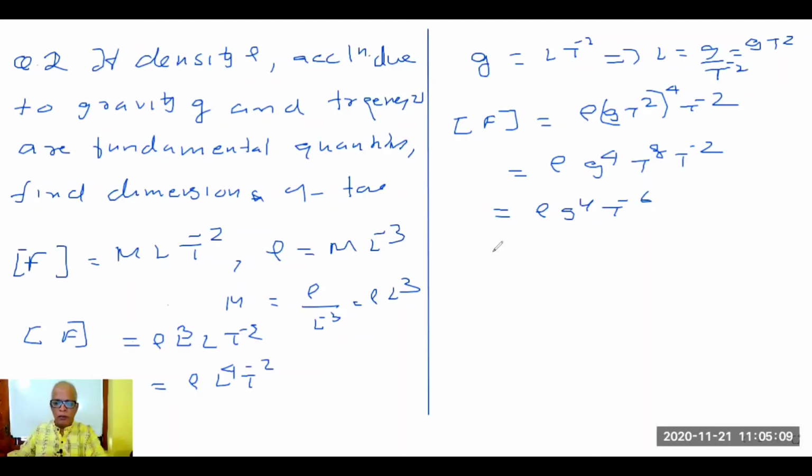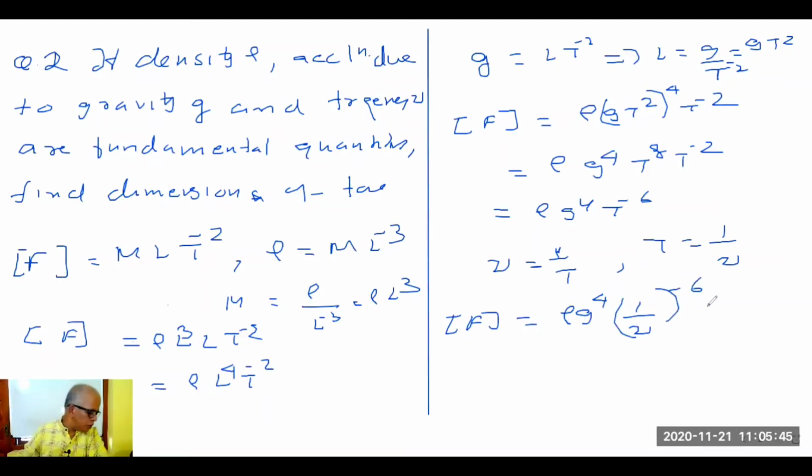Now what is T? Given nu is equal to 1 by T, therefore T is equal to 1 by nu. Put that in: F is equal to rho g raised to 4, 1 by nu raised to 6.